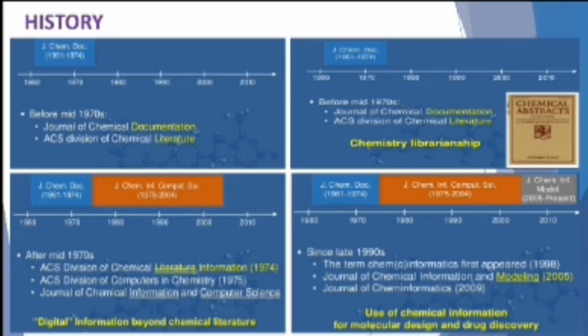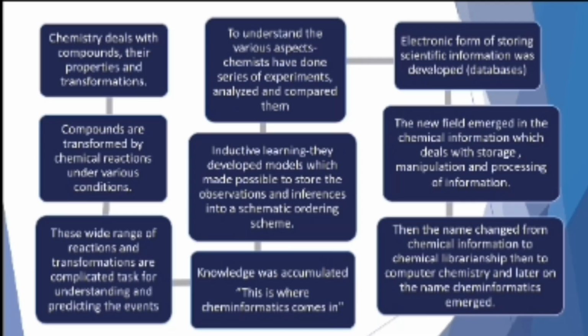So this is the history of the development of cheminformatics. How does chemistry deal with information technology? Chemistry deals with compounds and their properties and transformations. To understand the various aspects, chemists have done a series of experiments and analyzed and compared them.